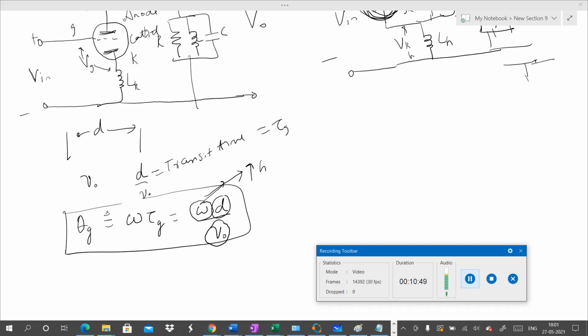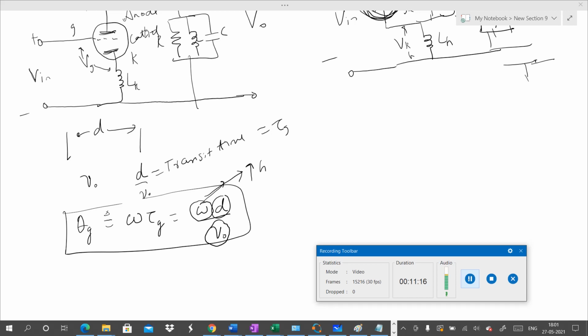The reason is that the transit angle defines the oscillations of electrons, and those oscillations may be quite huge. For example, the potential between cathode and anode may alternate even 100 times more than what it should be during this electron transit time.